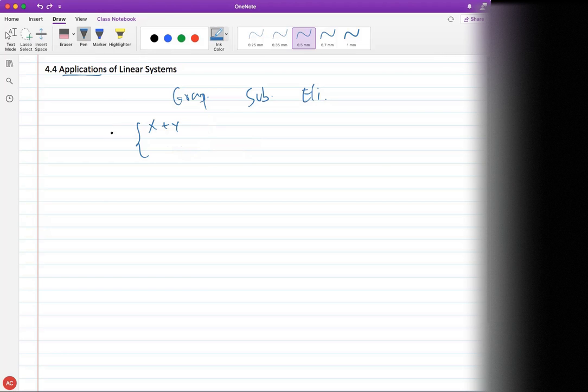So let's start with the first problem here, first application. Call this example one. Let's say, for example, we have this problem here: the sum of two numbers is, let's say, -2.